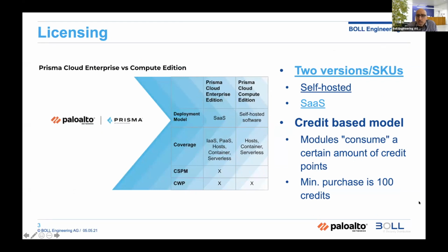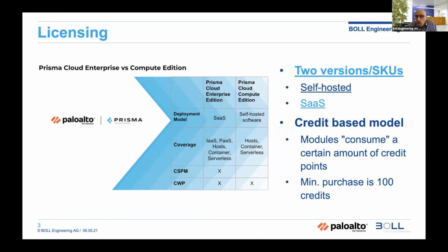It's basically the licensing and useful links. As Nico mentioned, there are two versions available. Palo Alto makes it really easy. You can either use, and I think that would be the primary use case, the SaaS version. Everything is hosted, and the version name is then Prisma Cloud Enterprise Edition.